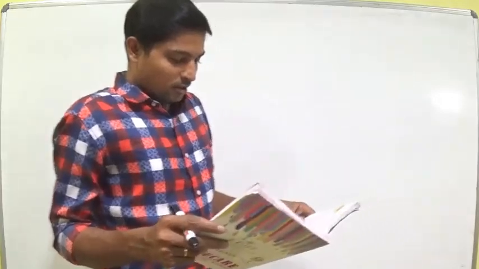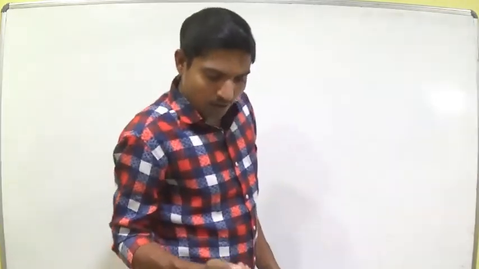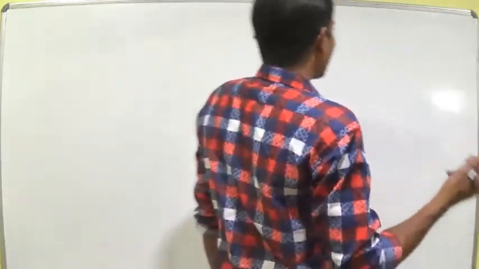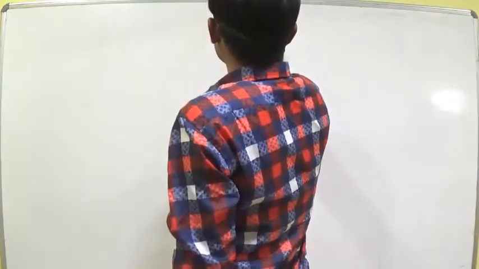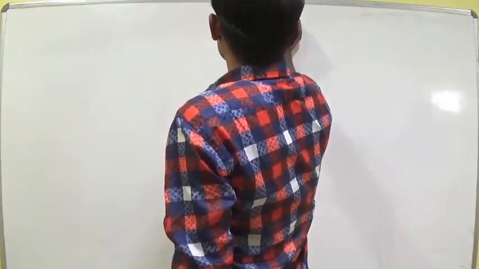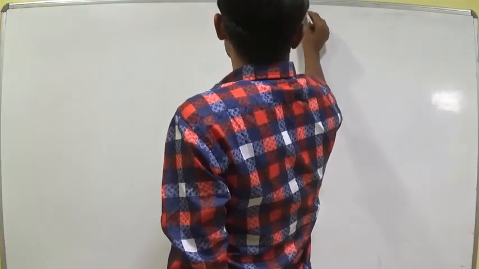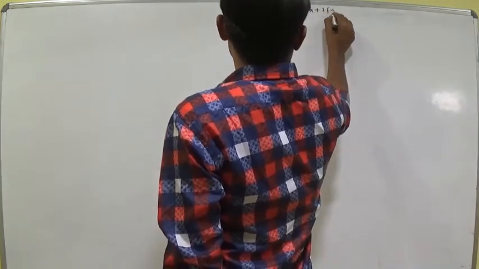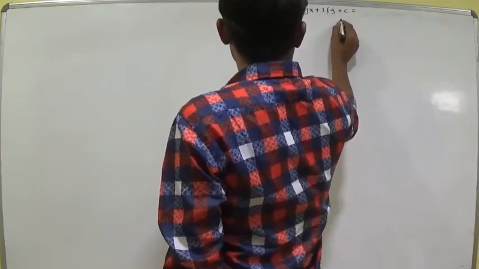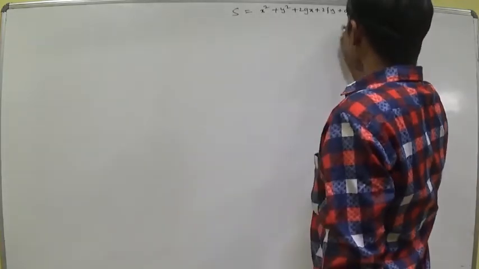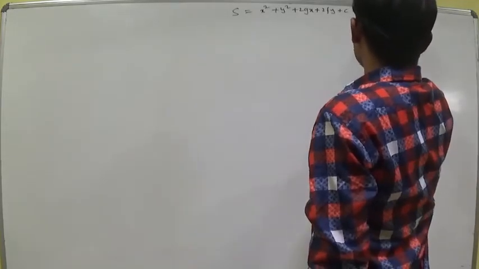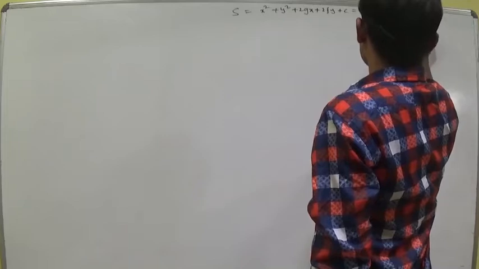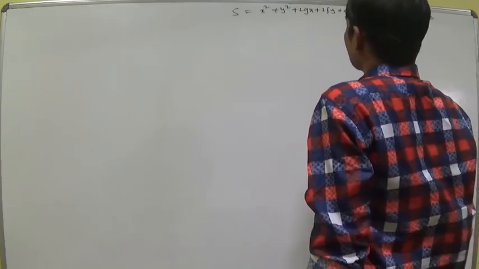The general form of a circle is S equal to x square plus y square plus 2gx plus 2fy plus c equal to 0, and the line is Lx plus my plus n equal to 0.